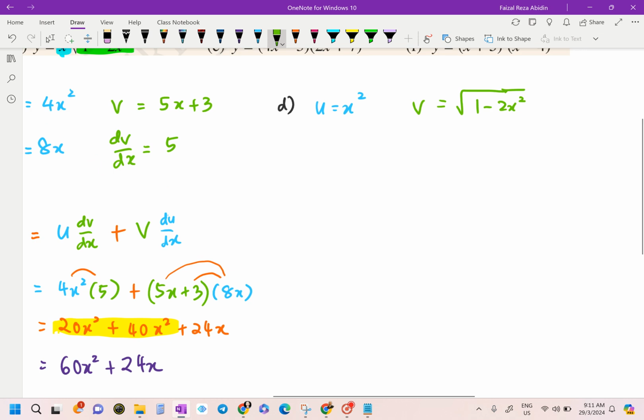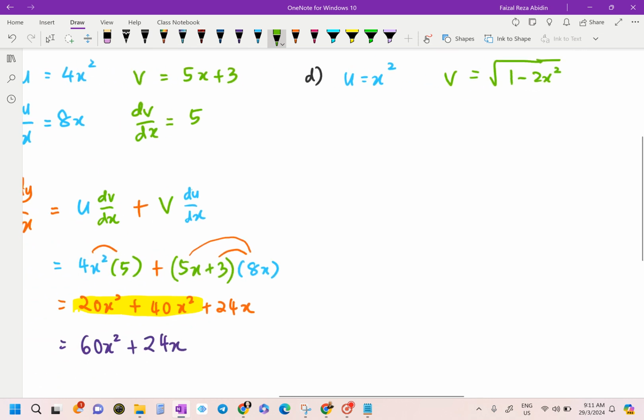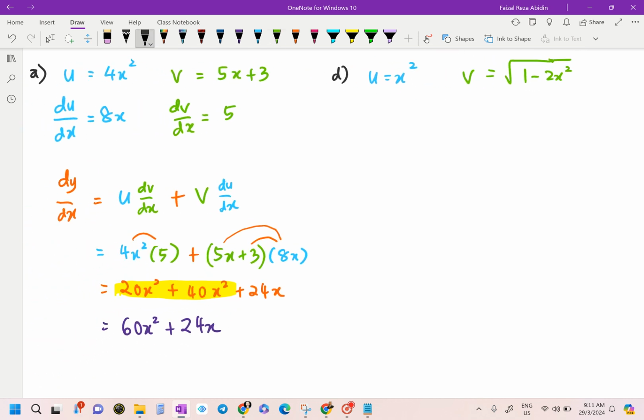Never mind. First thing first, you are going to differentiate u with x here. So I'm going to get 2x, sorry, 2 only.